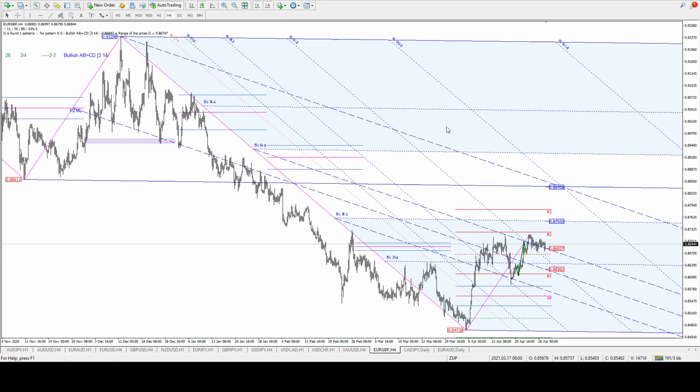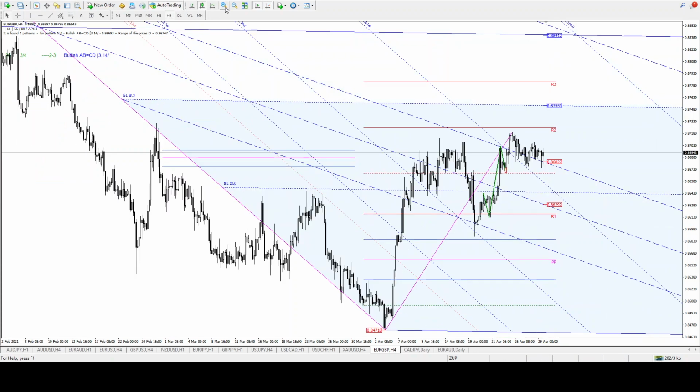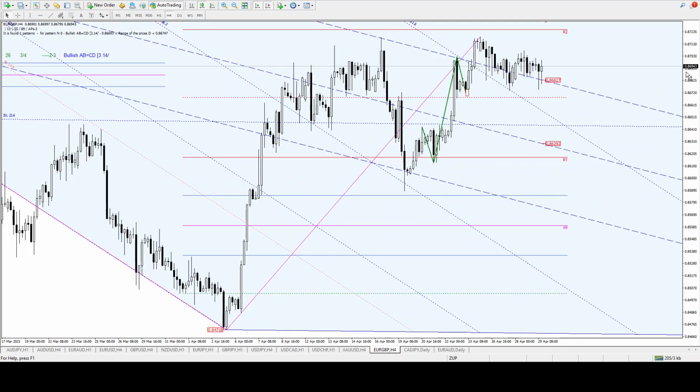So we are in a strong down channel, as you can see, and the 61.8 resistance is 86.82. If you did take the signal, your entry would have been 86.95. So you could potentially get out at minimum loss, like a bit of profit, and then wait for a short below 86.82.